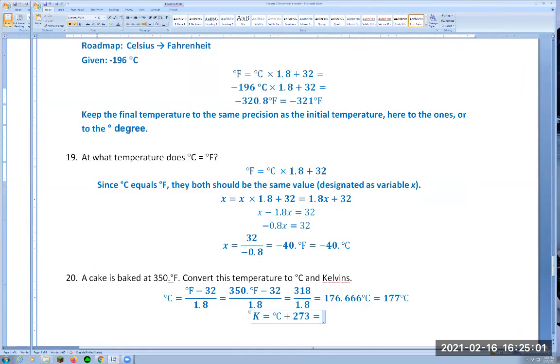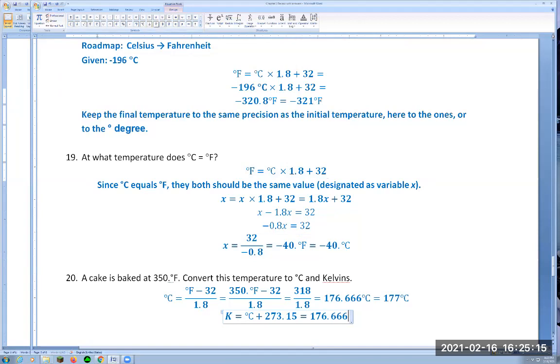Kelvins are degrees Celsius plus 273.15. Here, you would use the amount that has not been rounded. So degrees Celsius plus 273.15 equals. So let's do this in the calculator.